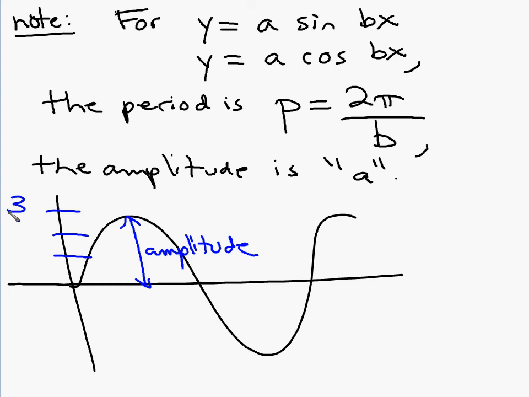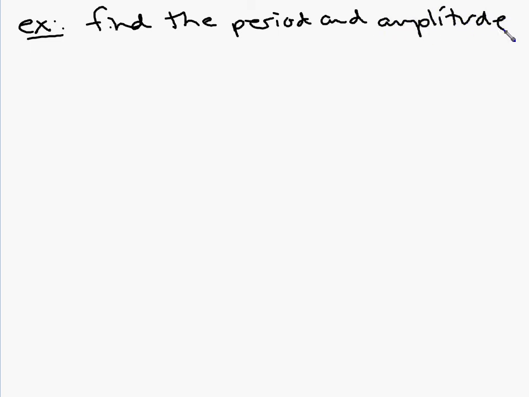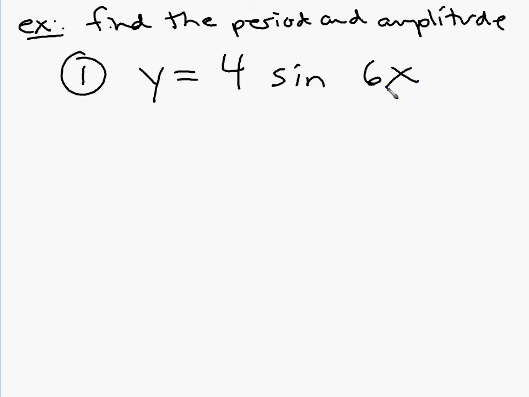All right? So tonight, it's going to be very easy. They're going to say, find the period and amplitude. And they're going to say something like this. Y equals 4 sine of 6x, something like that. Find the amplitude and the period.